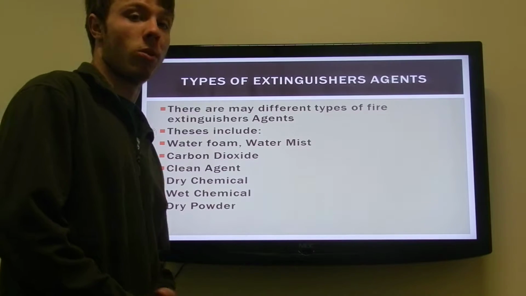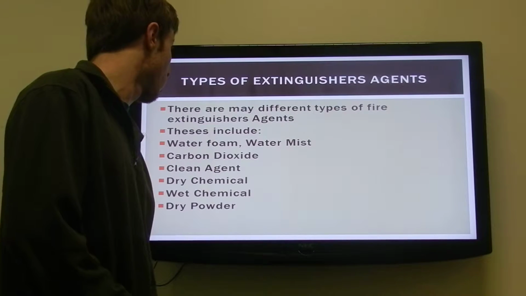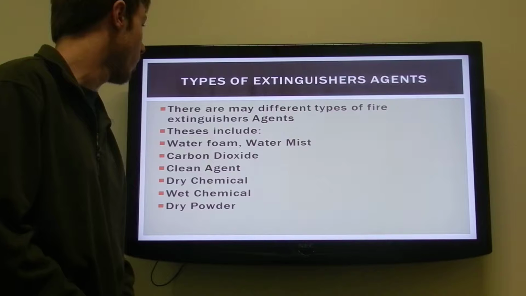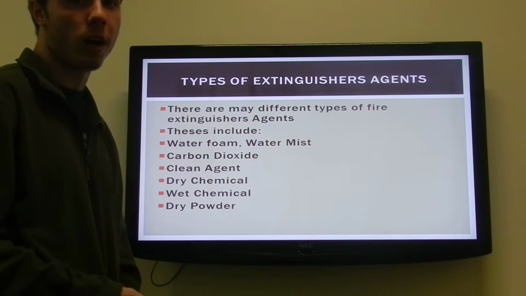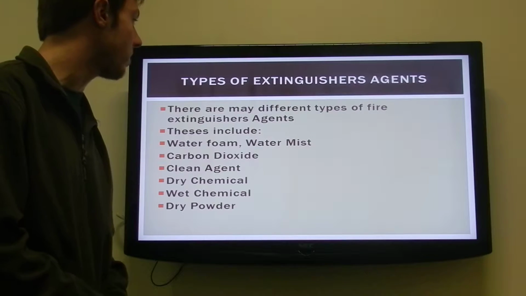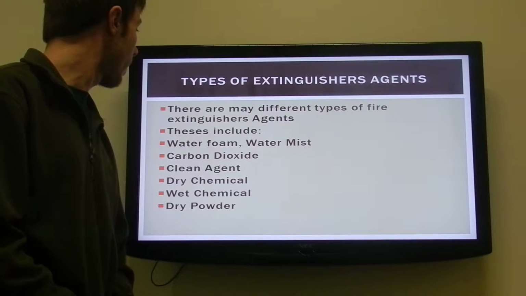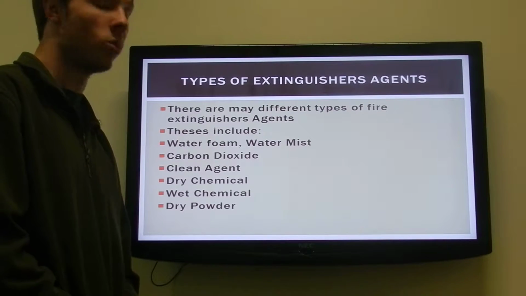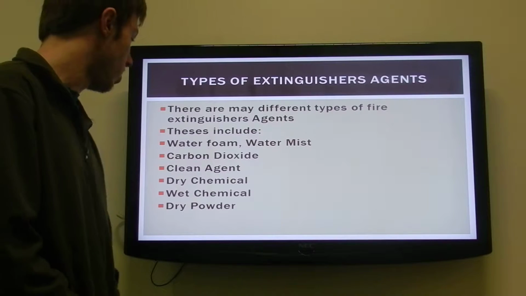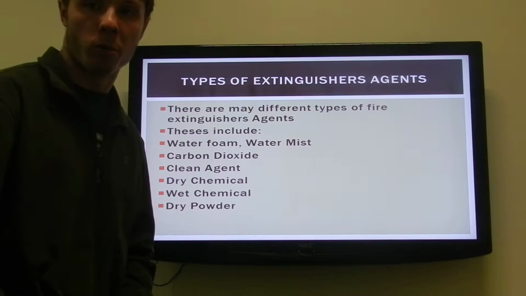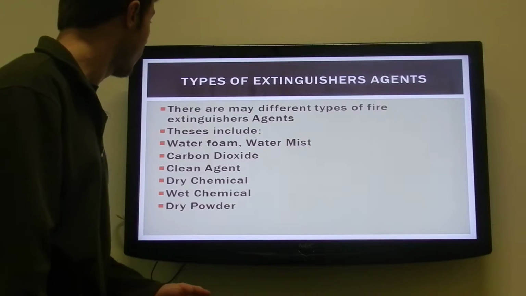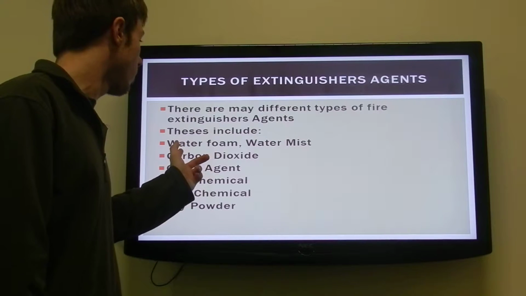Okay, so types of fire extinguisher agents. There are many different types of fire extinguisher agents. These include water/foam mix, water mist, carbon dioxide, clean agent, dry chemical, wet chemical, and dry powder. I'm going to go into more depth on these in a second, but first you have water and foam.